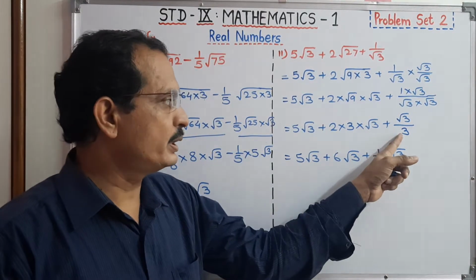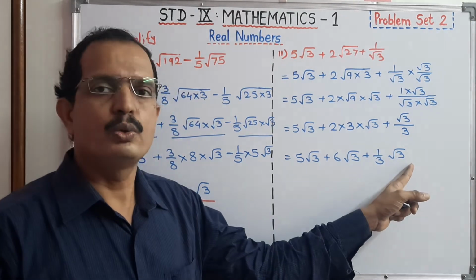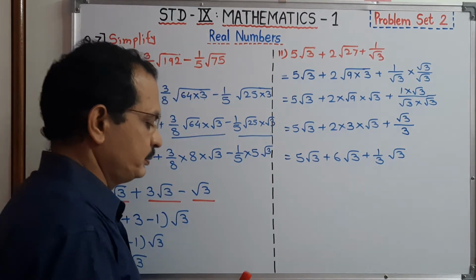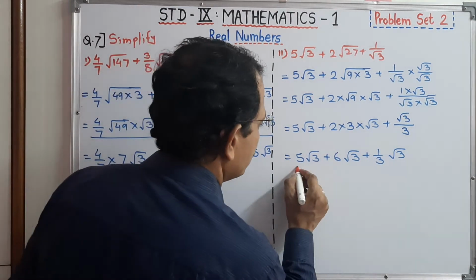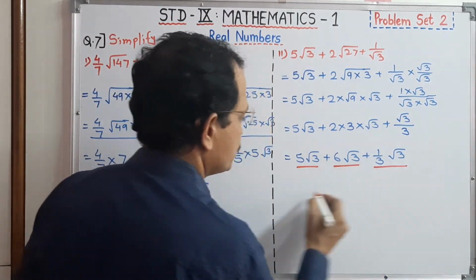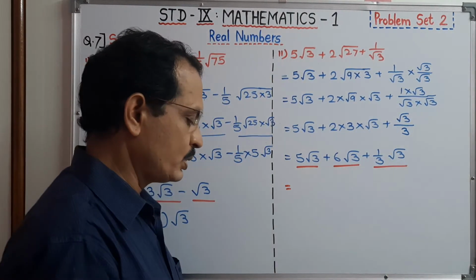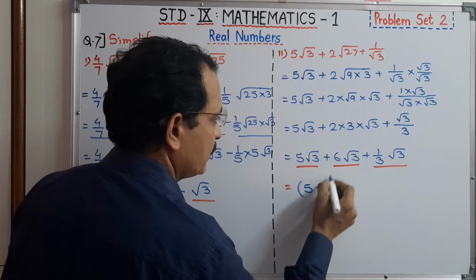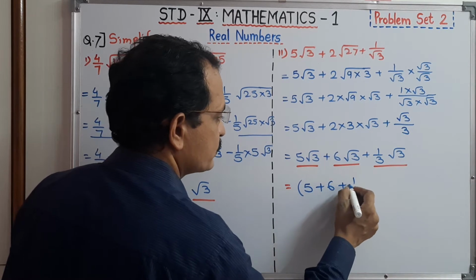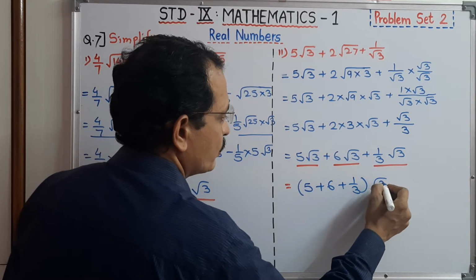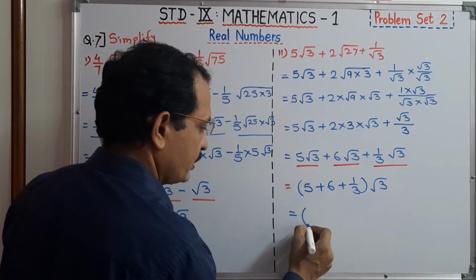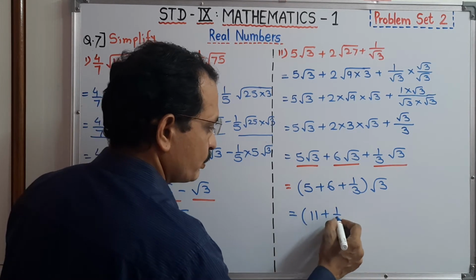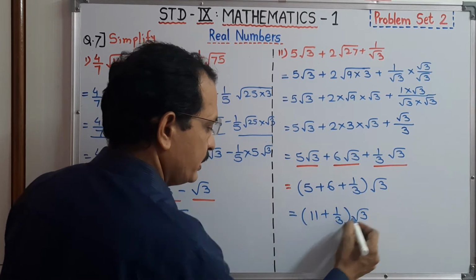Root 3 upon 3 means 1 upon 3 into root 3. Now see here, 5 plus 6 plus 1 upon 3 root 3. Here 11 plus 1 upon 3 root 3.